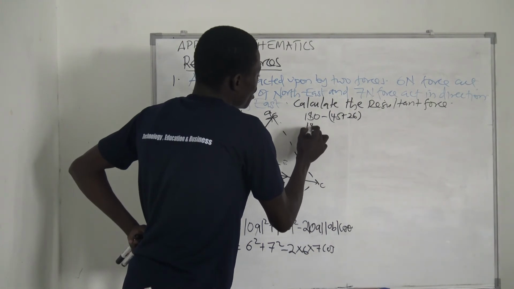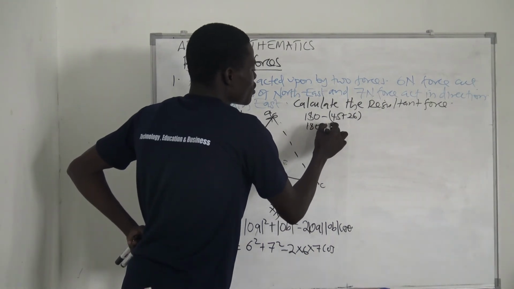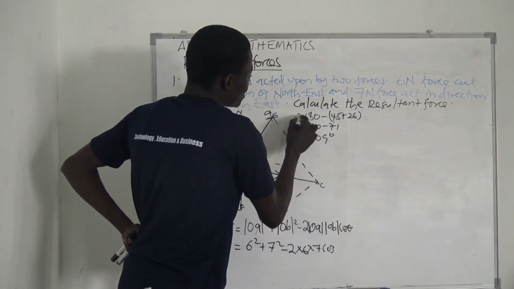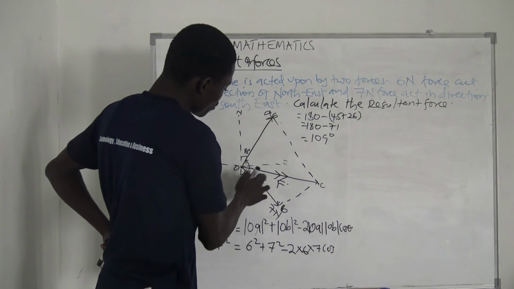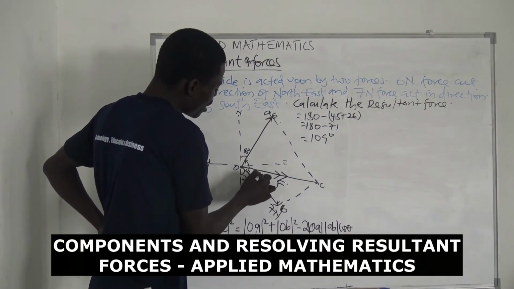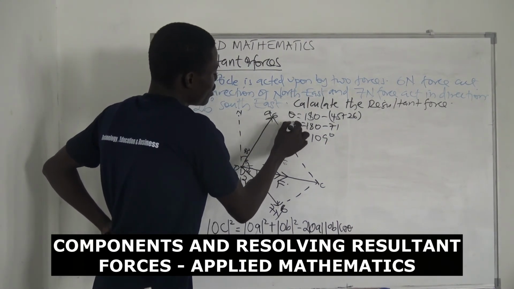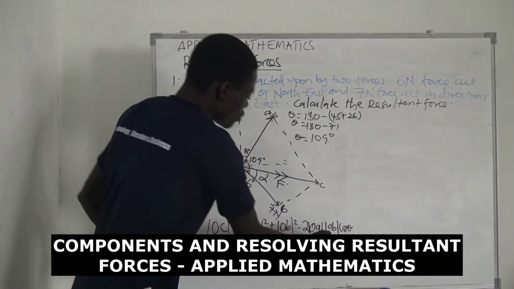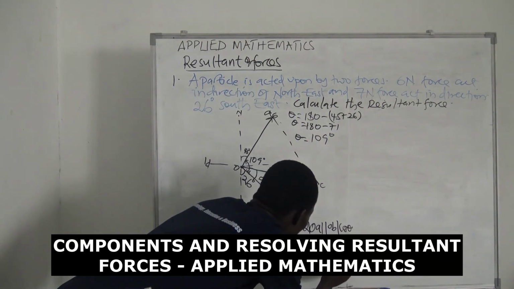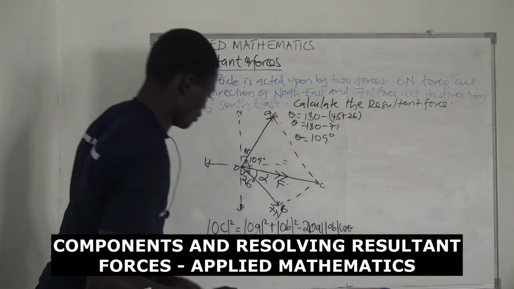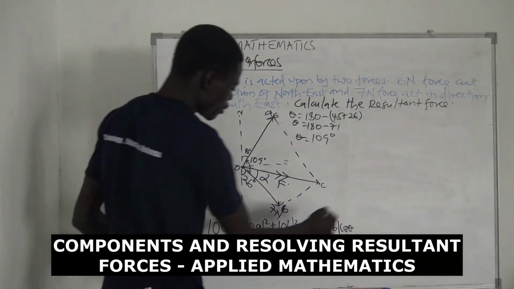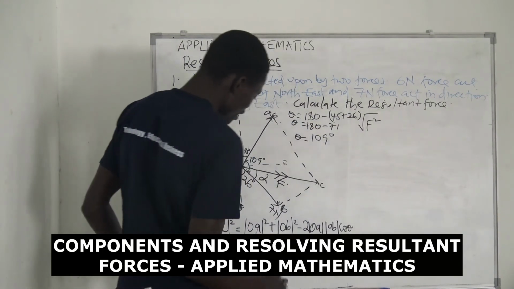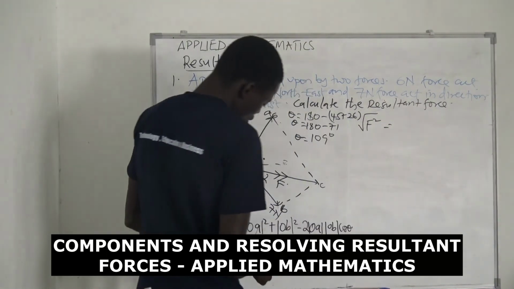This is 180 minus 71. This one will get 109 degrees. That is our angle, which we are going to use as angle star. This one was angle alpha. Star, star, star. So this is 109 degrees. So here we shall put cos of 109.